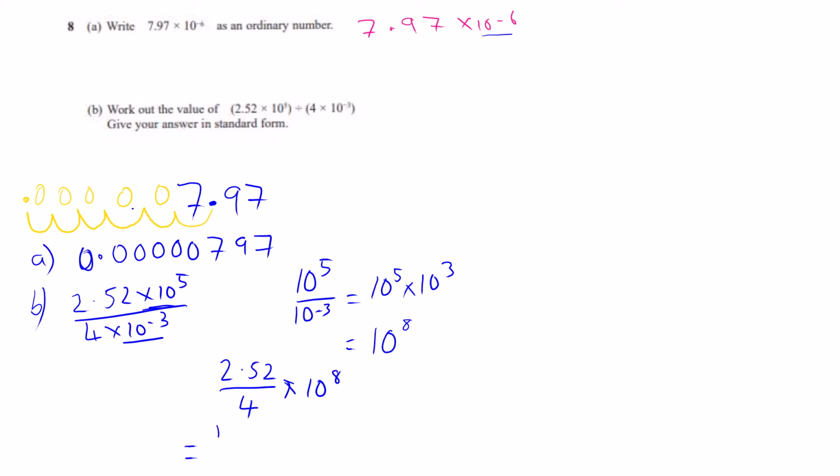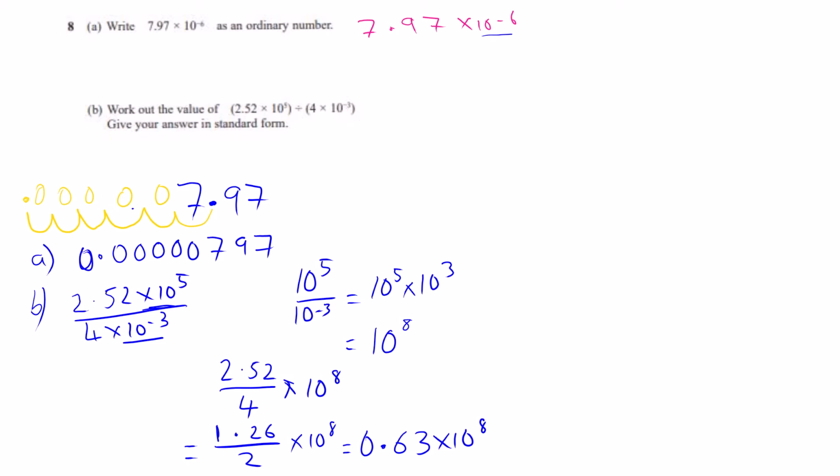So that's going to give us 1.26 over 2 times by 10 to the 8, which is equal to half, so 0.63 times by 10 to the 8.